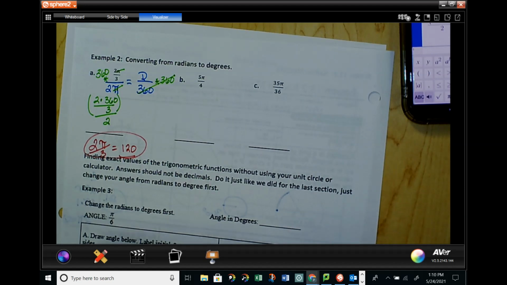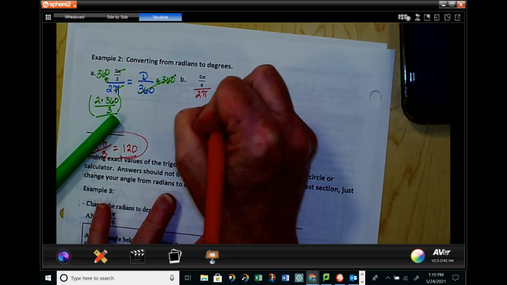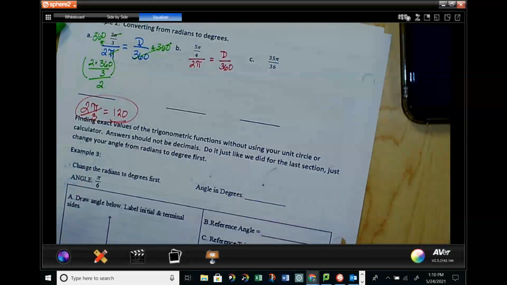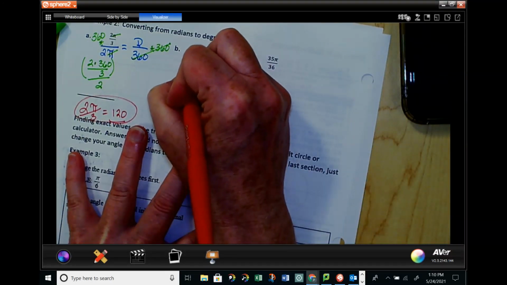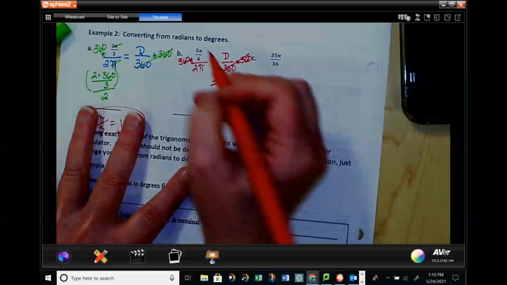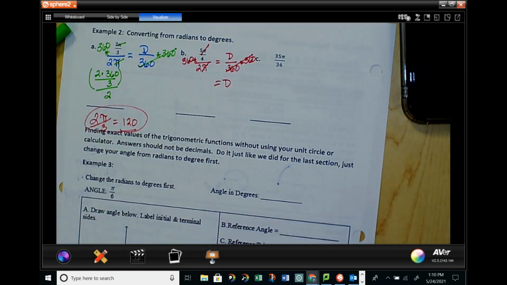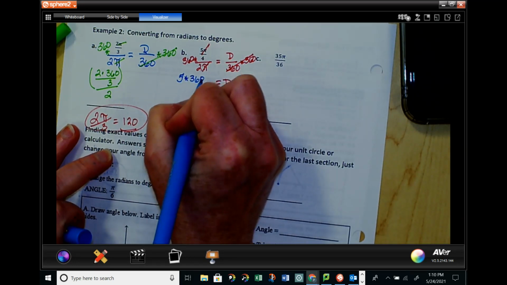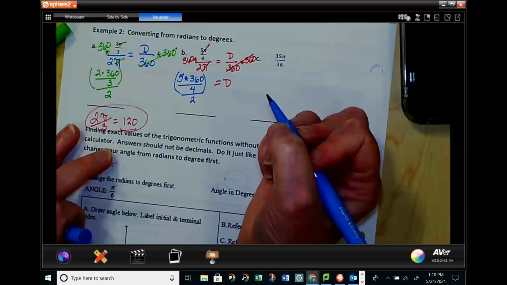And then we're going to do it again for 5 pi over 4. So remember, it's divided by 2 pi, and that's your degree divided by 360. Multiply both sides by 360. So your degree is going to be, your pi's cancel out, so now you have 5 times 360 divided by 4, and then divide that whole thing by 2.